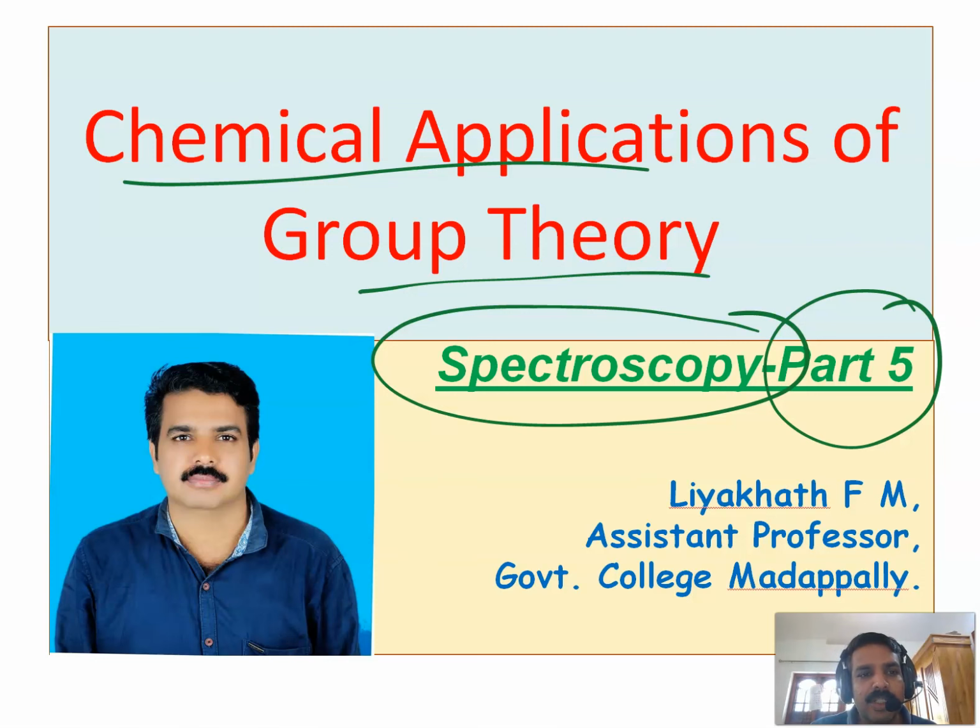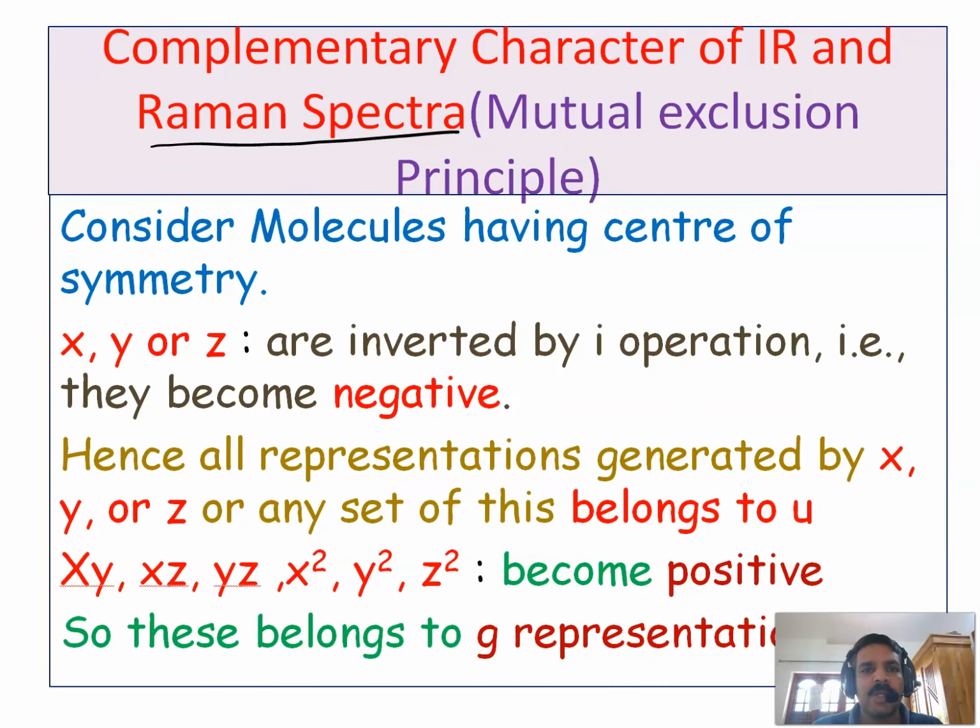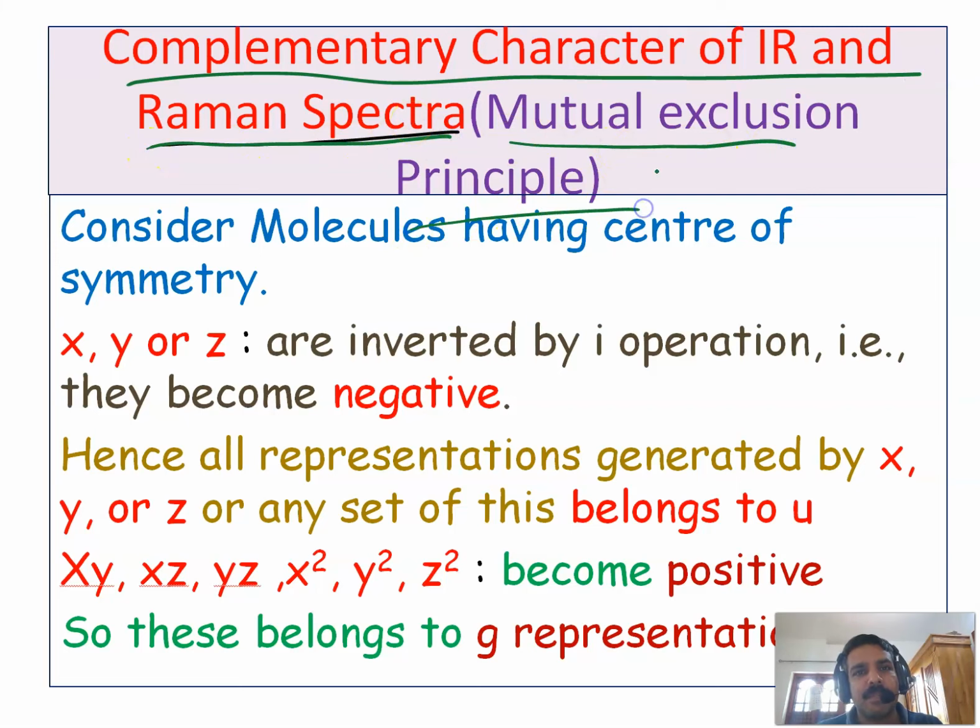Now in this video, we are going to discuss the complementary character of IR and Raman spectra, that is the mutual exclusion principle. I think you might have studied at your UG level that in the case of molecules having a center of symmetry, the Raman active vibrations are never IR active, and IR active vibrations cannot be Raman active.